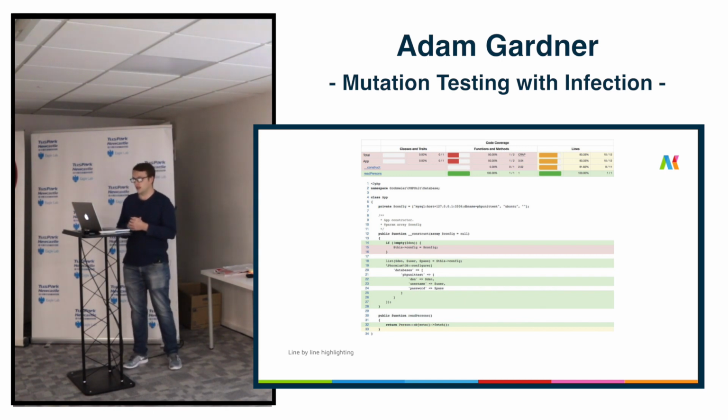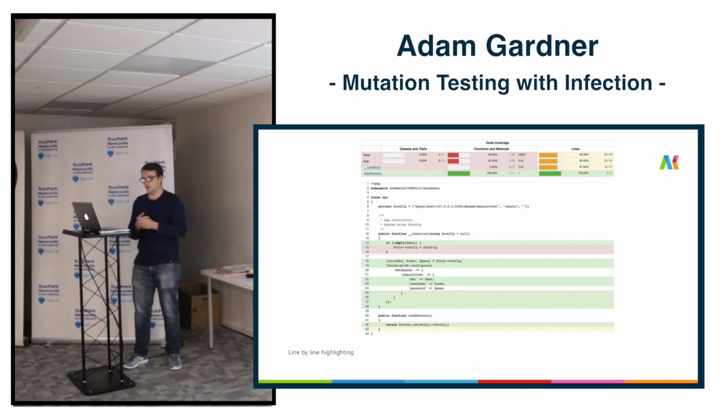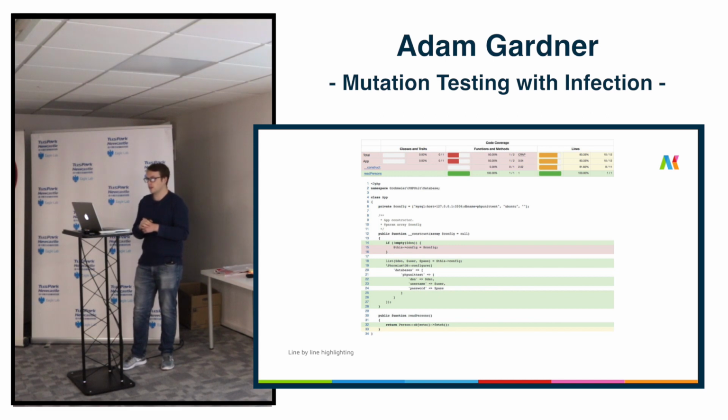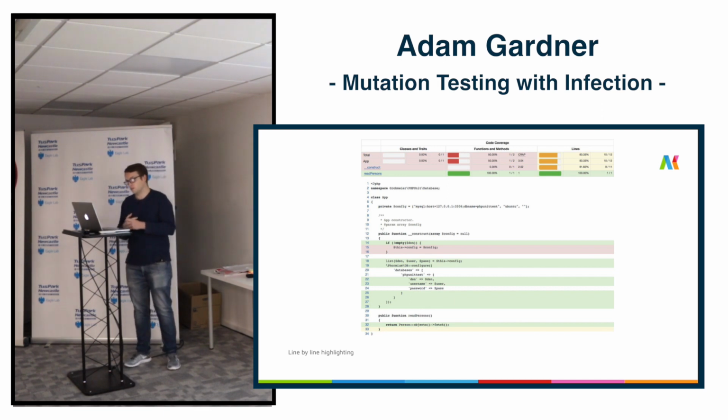The parts highlighted in green are completely covered. The bits that are in red, you've completely missed. So this can highlight that the tests you've got in place, although they're testing the core functionality, in this case, they're not testing everything. So you can go back and add some more tests in order to up that coverage.